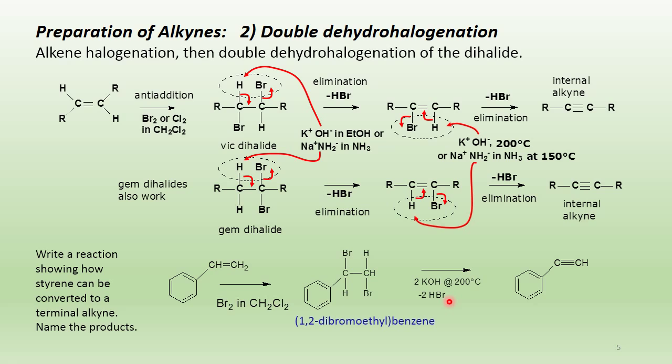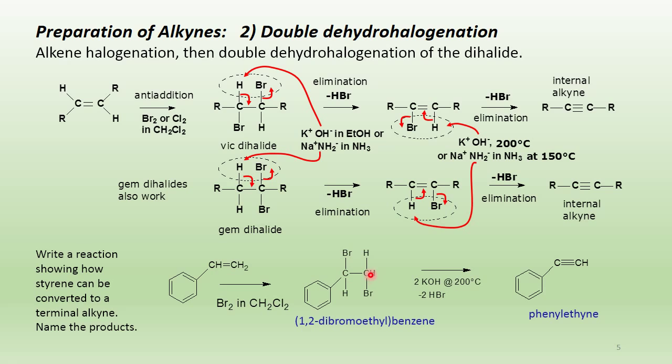Now, that's correct, but you should be asking yourself, wait a minute, how do we wind up with a terminal alkyne? How can the dehydrohalogenation occur on this primary carbon? We can see that the secondary carbon should undergo dehydrohalogenation here with these two hydrogen and bromine atoms, but what about this primary?